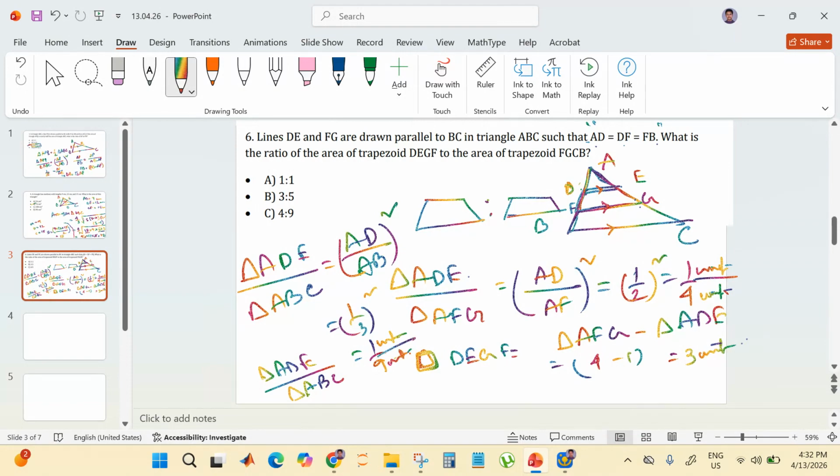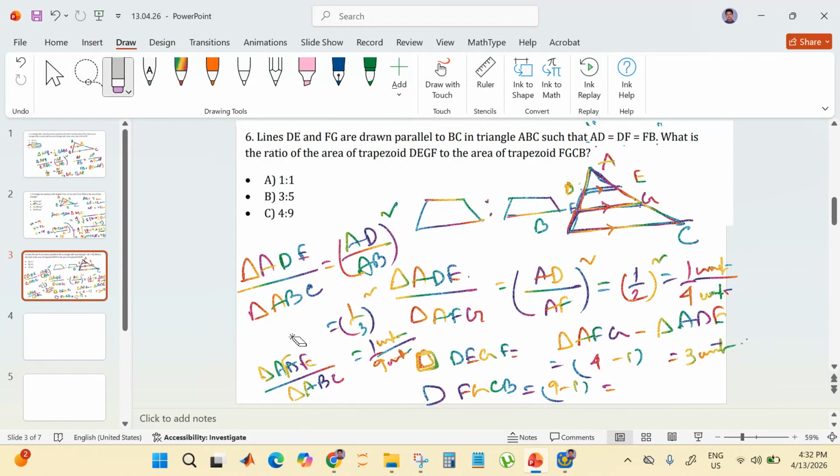So what is the trapezoid FGCB, this one, the last one? This one will be 9 minus 1, or what? Actually, you have to take AFG instead of ADE.